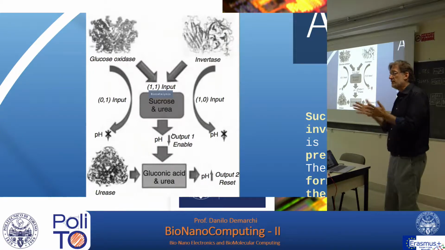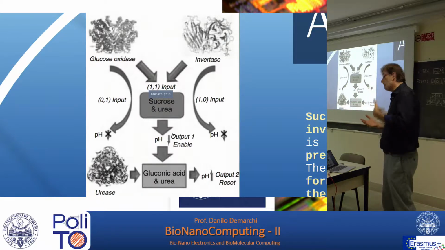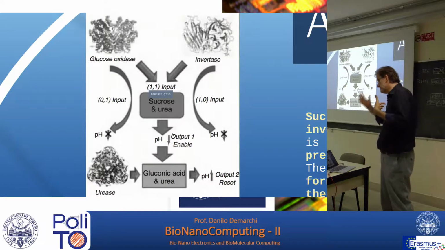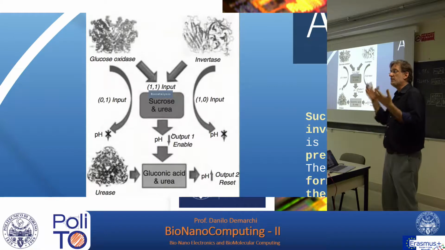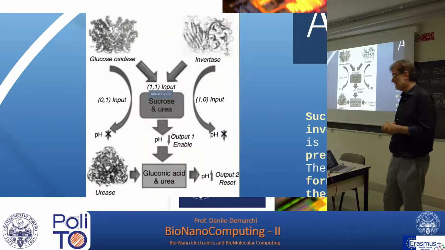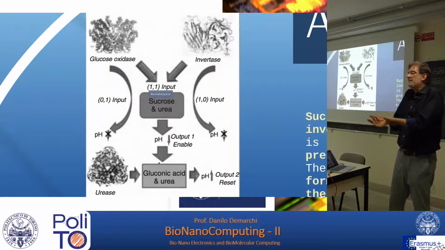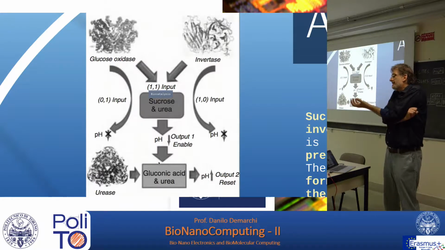So I need both of them. Again, 1 means presence of glucose oxidase, 1 means presence of invertase, 0 means absence of one of them, and so it is an AND gate. What is important is that now in my solution I have gluconic acid. So it's finished.